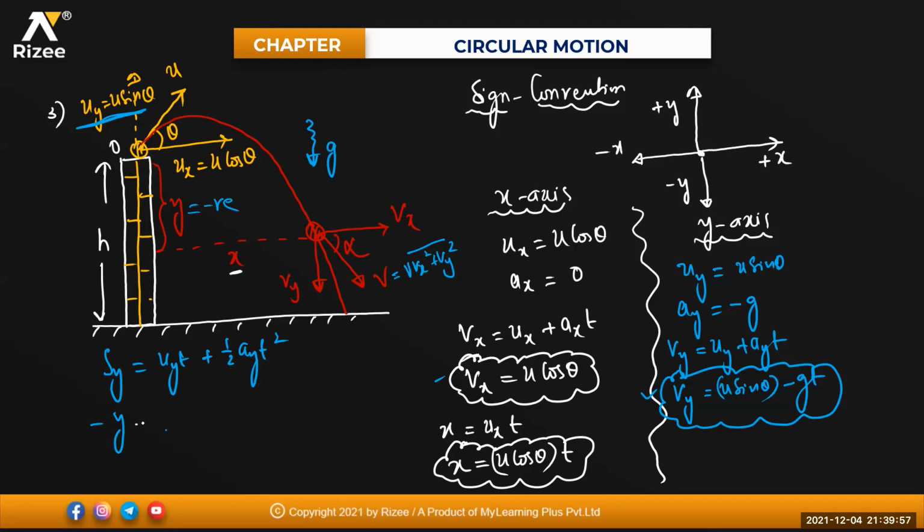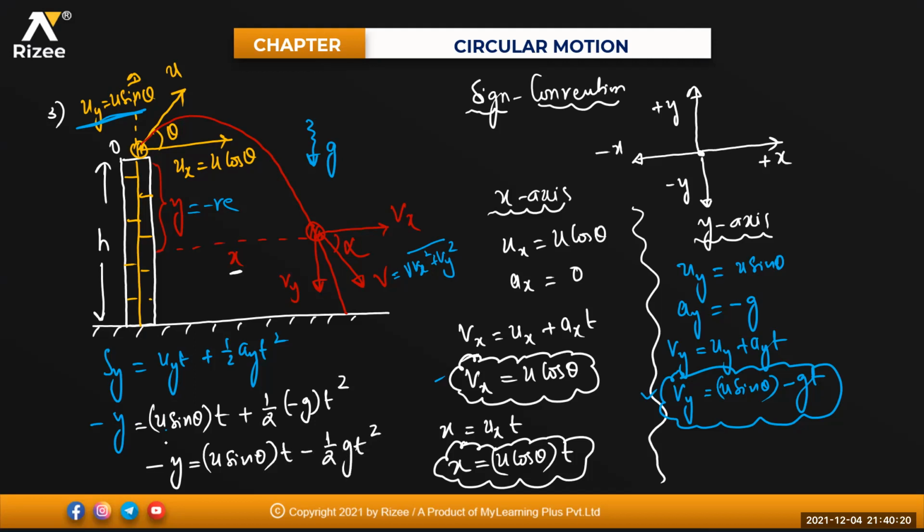Uy is above, so that will be positive, so it is u sin theta into t plus half into ay, which is negative, minus g into t square. That means this equation will become minus y is equal to u sin theta into t minus half into g into t square.